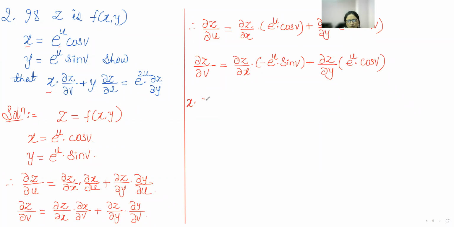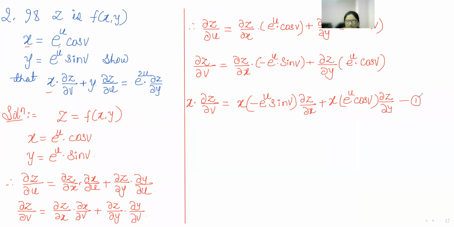So x ∂z/∂v is equal to x, I am writing that first x as it is, later on we will change that, e^u sin v ∂z/∂x plus x into e^u cos v into ∂z/∂y. Suppose this is the first equation. Then multiply this ∂z/∂u by y.